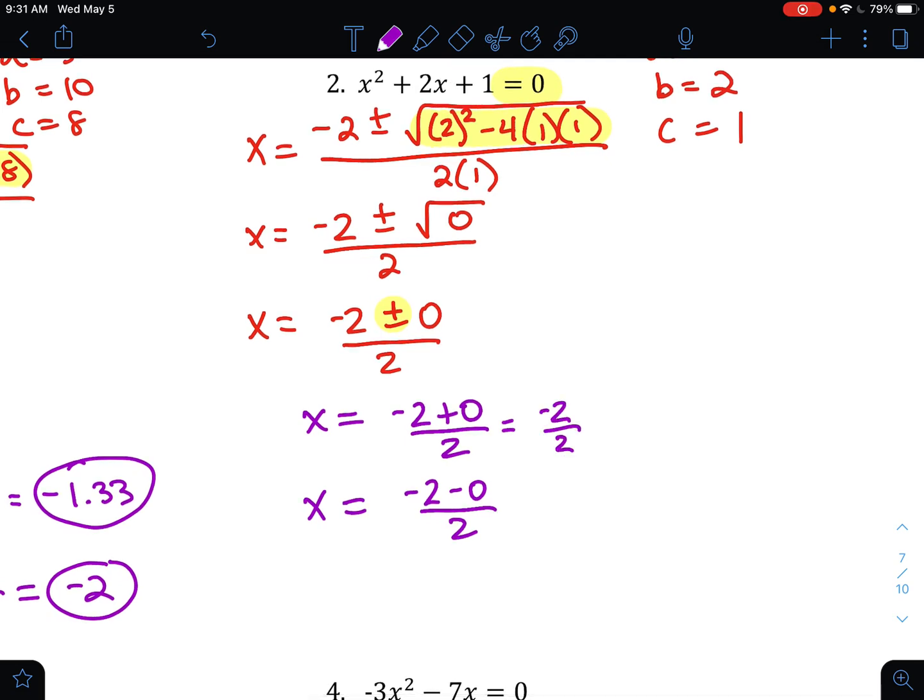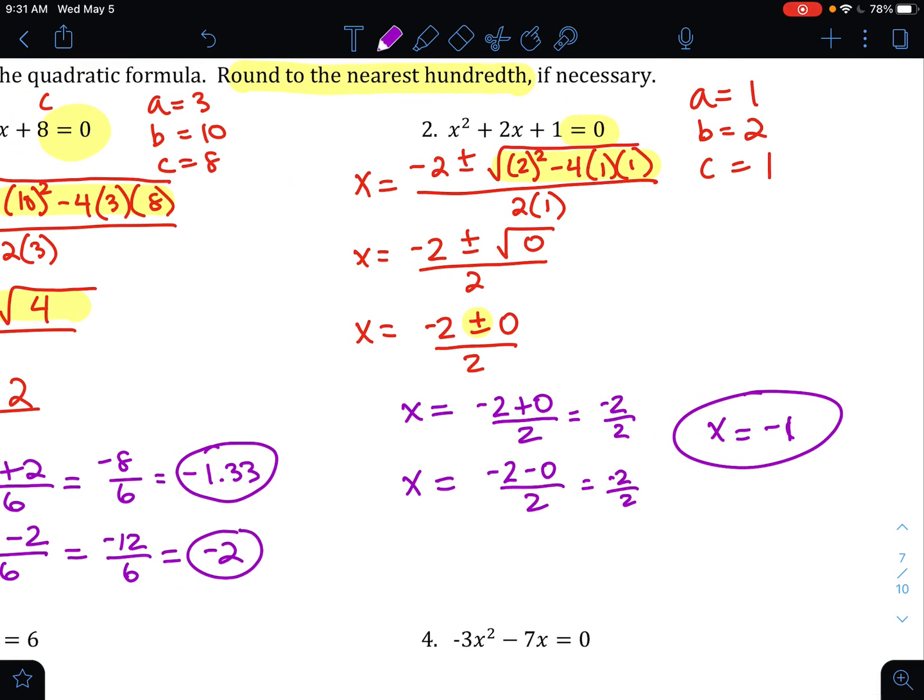And see how I get the same thing here? So there's really just one answer. Negative 2 divided by 2 is negative 1. So I wouldn't write that twice because it's the same exact number. So this is an example of a one solution quadratic versus the first one where we had 2 solutions.